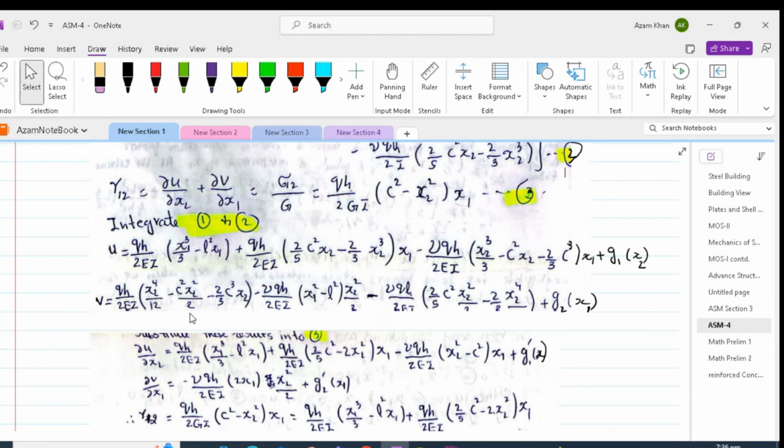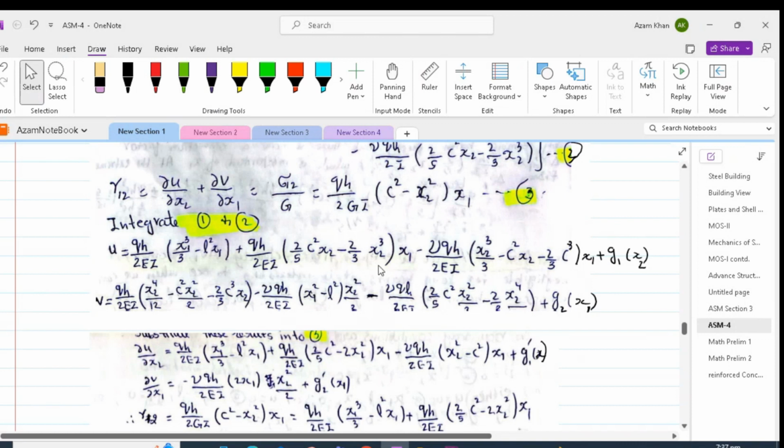Thus, v would be equal to qh by 2EI (x2 power 4 by 12 minus c square x2 square by 2 minus 2 by 3 c cube x2), minus nu qh by 2EI (x1 square minus L square) times x2 square by 2, minus nu qh by 2EI (2 by 5 c square x2 square by 2 minus 2 by 3 x2 power 4 by 4), plus a function of x1.